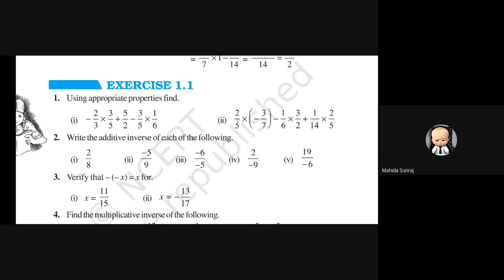Using appropriate properties, find minus 2 by 3 into 3 by 5 plus 5 by 2 minus 3 by 5 into 1 by 6. We have to simplify, but with the help of appropriate properties, right?